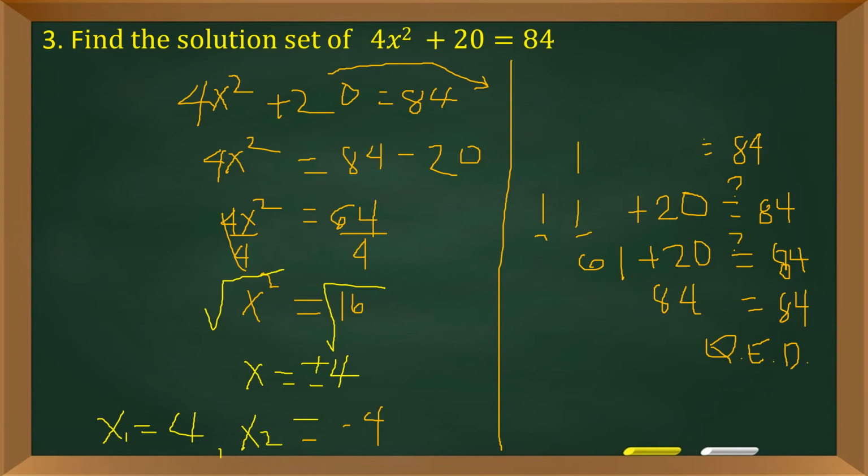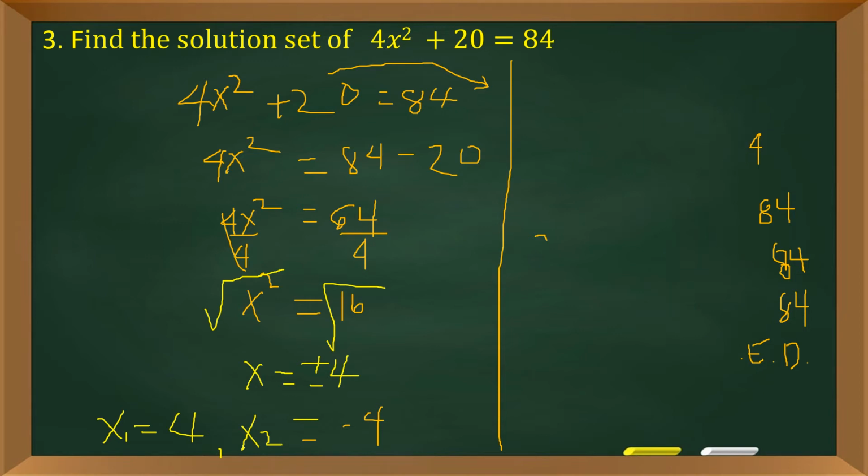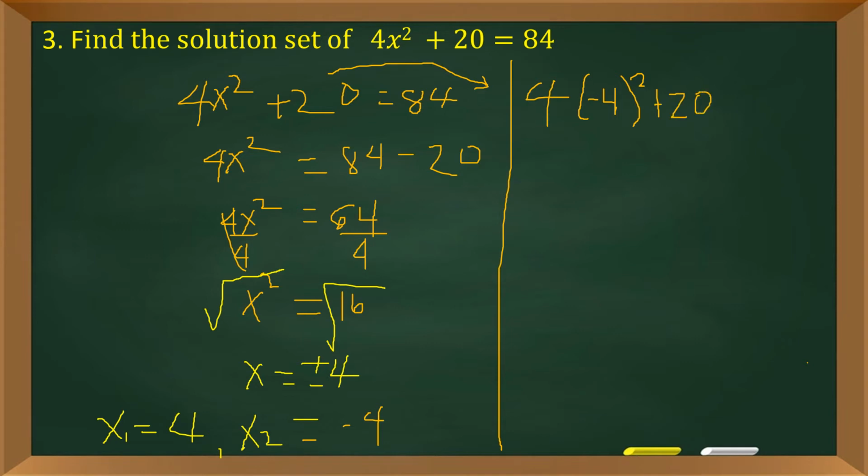Okay. Para mai-substitute naman natin si negative 4. Dapat din na natin binura lahat. So, palitan si x ng negative 4 squared plus 20 is equal to 84.